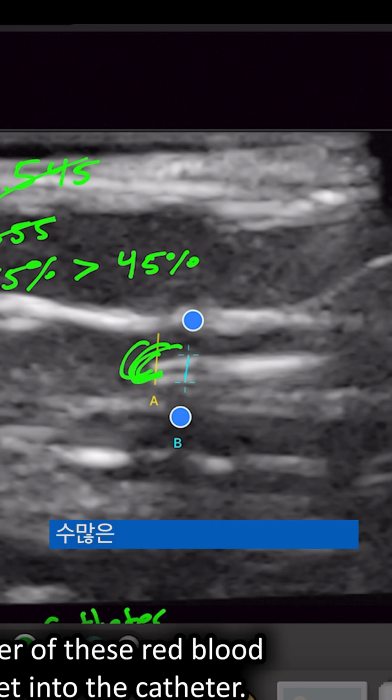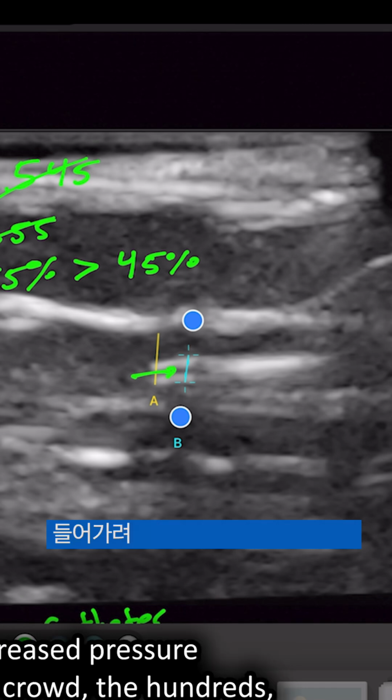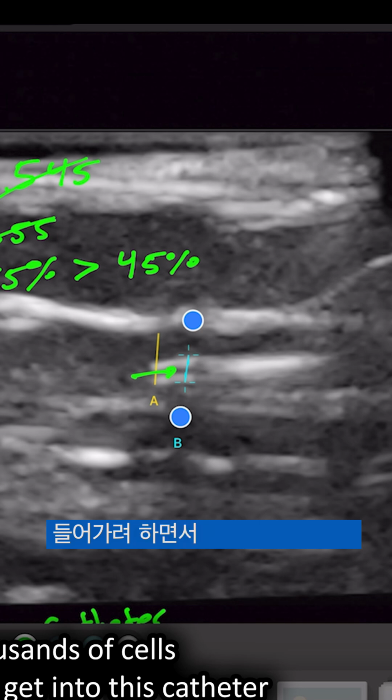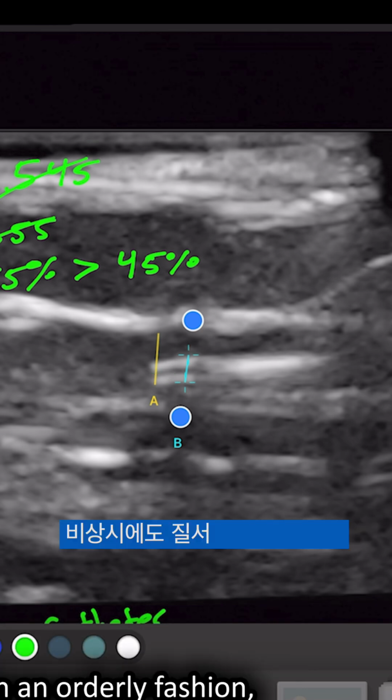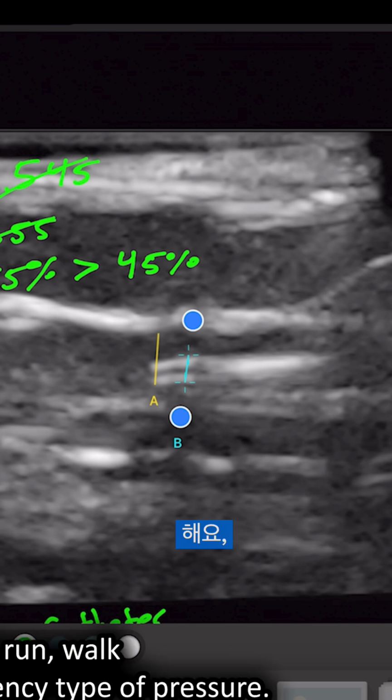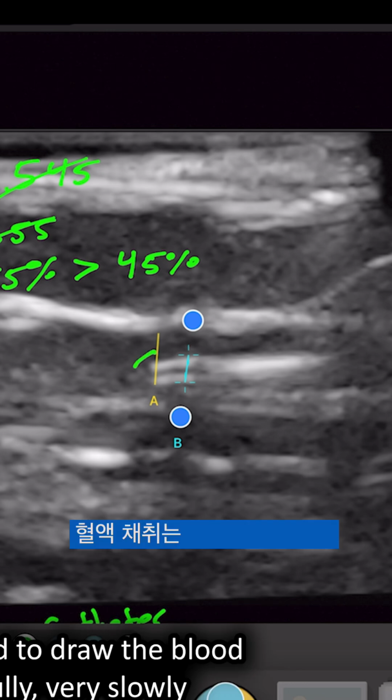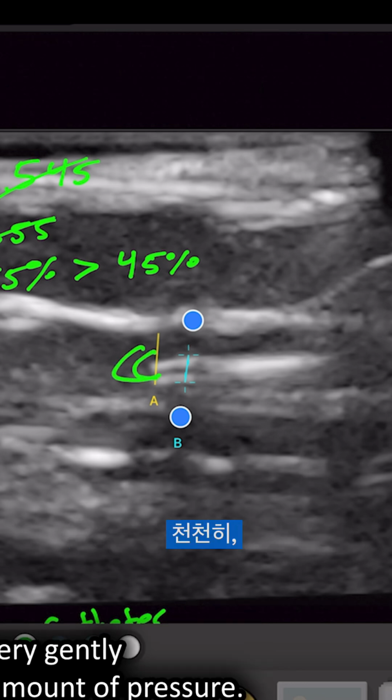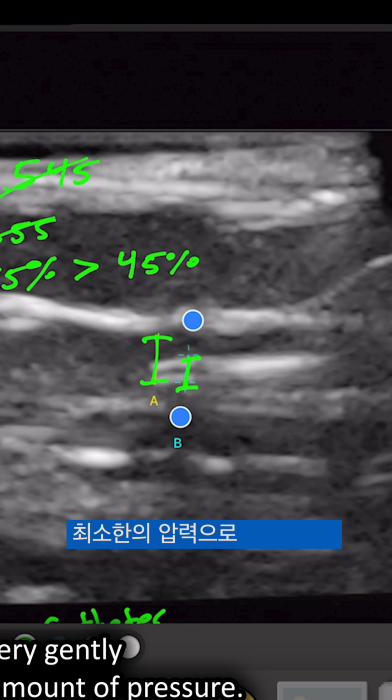It's a whole cluster of these red blood cells trying to get into the catheter, and the increased pressure causes the whole crowd, the hundreds, if not thousands of cells that are trying to get into this catheter at the same time. So we have to, in an orderly fashion, don't run, walk, during an emergency type of pressure. And so we need to draw the blood very carefully, very slowly, and very gently with the least amount of pressure.